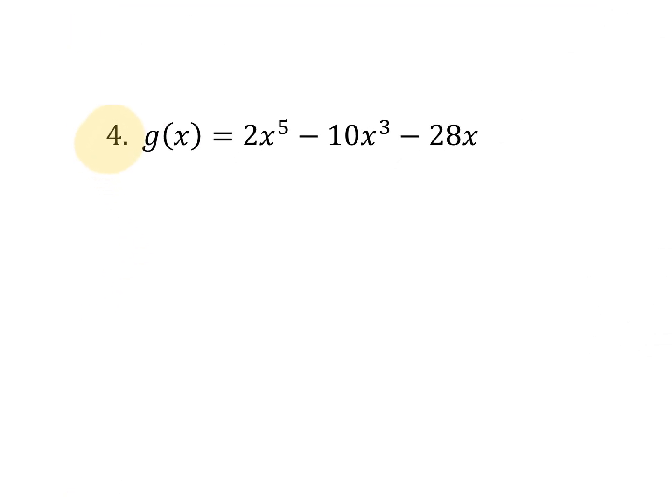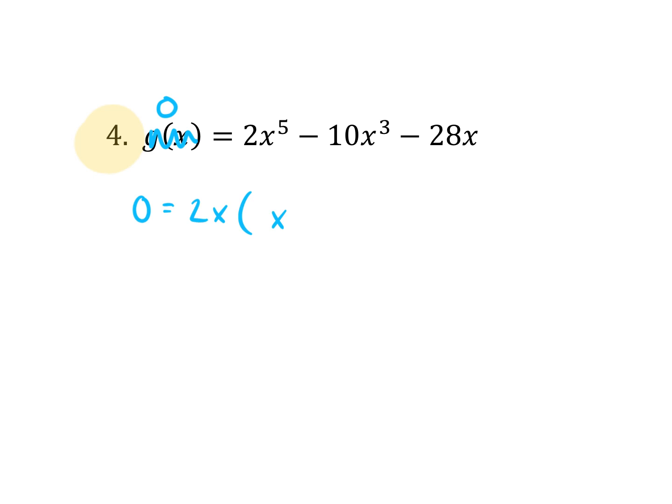What would we do first to solve here? Awesome. I'm going to take out my GCF. Always, if you have a GCF, take that out first. So I have 0 equals, we're going to divide out 2x.